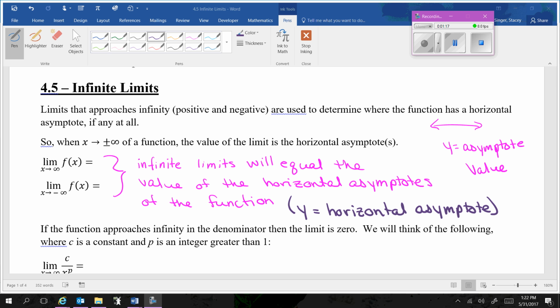So infinite limits will equal the value of the horizontal asymptote of the function. And that could give you one horizontal asymptote, two horizontal asymptotes. It just depends on what your function is.